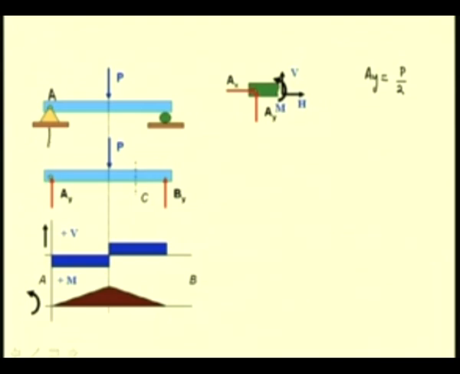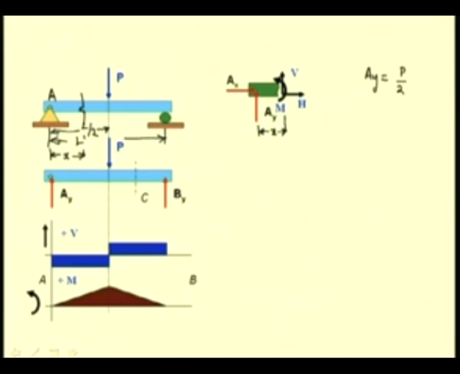If we consider L to be the length of the beam and this concentrated load is acting at a distance of L by 2, and let us say we have considered a section at a distance of say x. So, this is a section at a distance x from A.